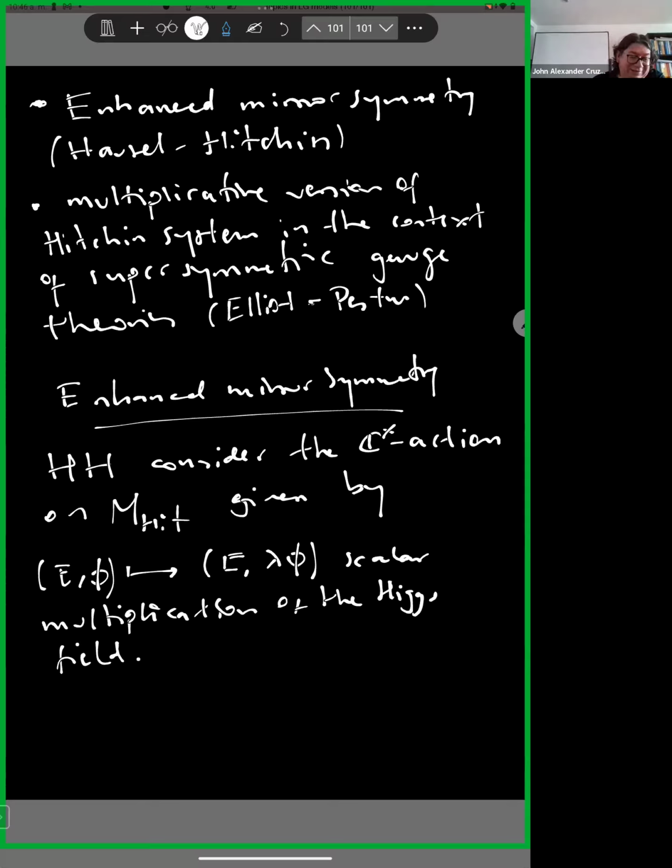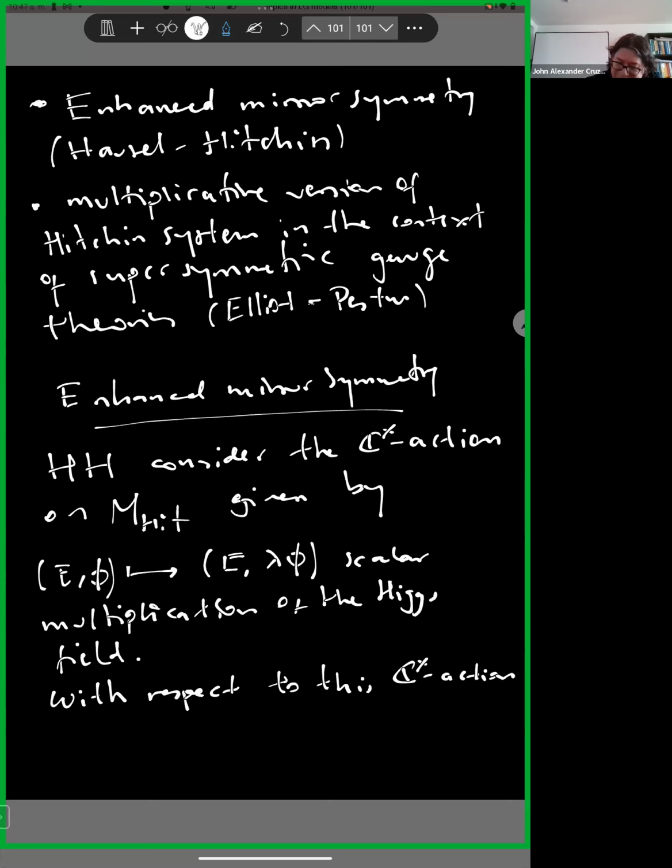And in fact, in this work, Hausel and Hitchin define some core with respect to this action.